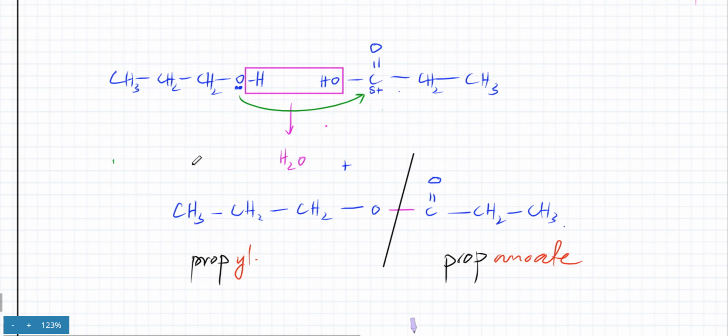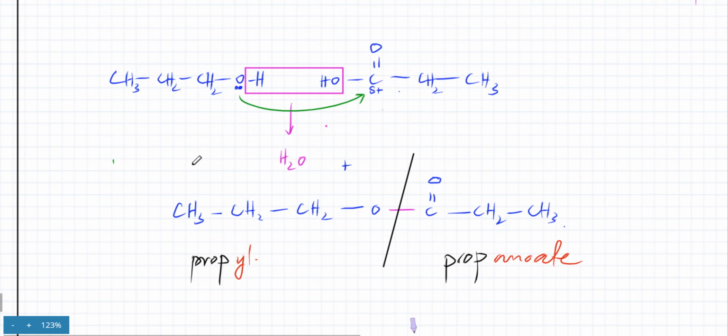Now, hydrolysis of esters, the reverse, you're breaking down a molecule. One thing about hydrolysis is that if you have an ester molecule, the ester would break down in the middle when you heat it with dilute acid or dilute alkali, plus you're refluxing it.